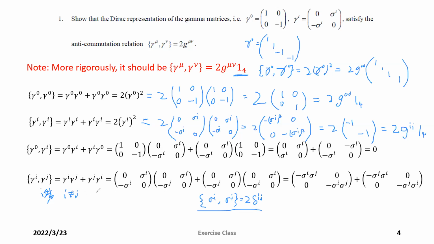Since we are considering i not equal to j, the final result will be 0. And so indeed it is 0, and so we have proved this anti-commutation relation. So it's just simple substitution.